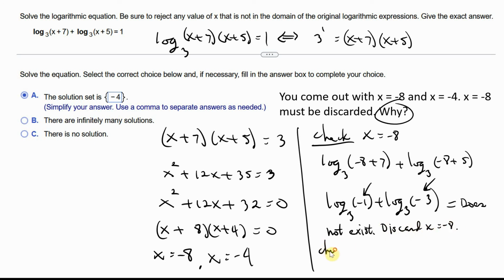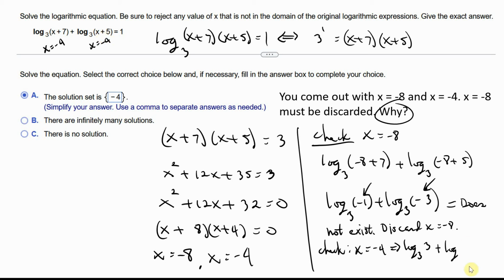Check x equal to negative 4. It works. My space is running out, so I'm just going to plug in x equal to negative 4. So that's negative 4 plus 7, this is log of 3, plus, plug in there, negative 4 plus 5.